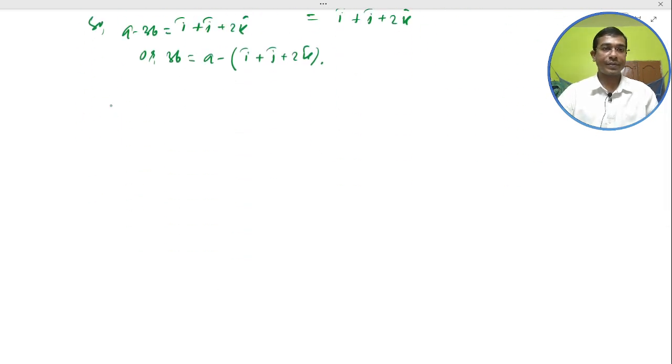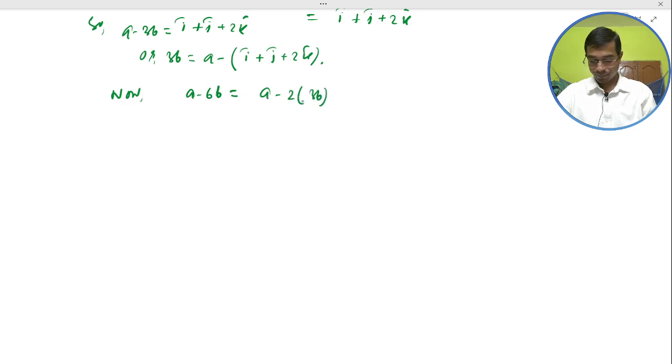So now you have to find A minus 6B. This is nothing but A minus 2 times 3B. Put this value. A vector means minus i minus j plus k, minus 2 times (i plus j plus 2k) subtracted, so minus 2i minus 2j minus 4k.